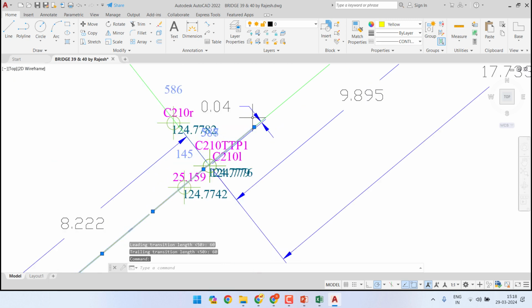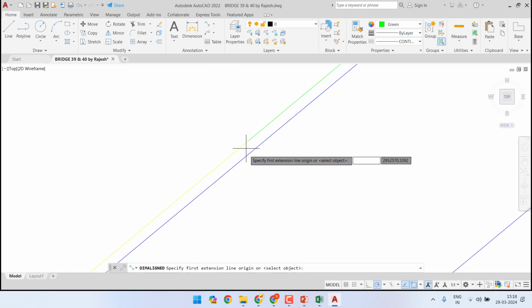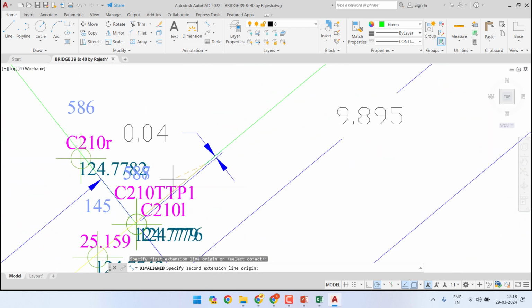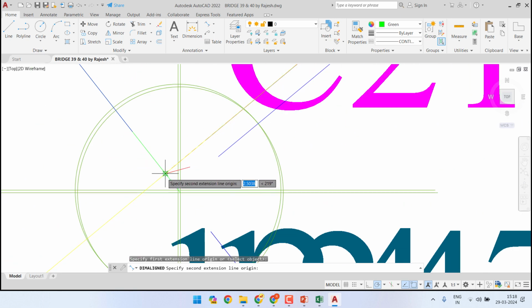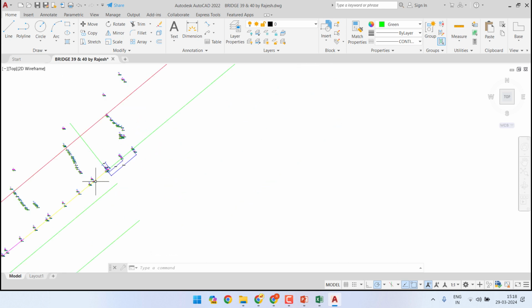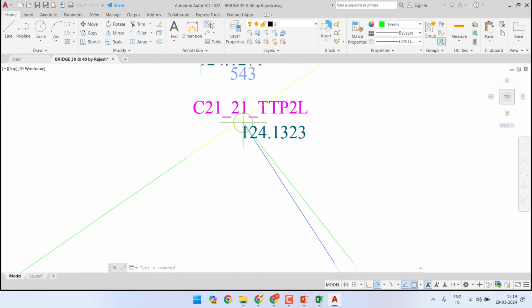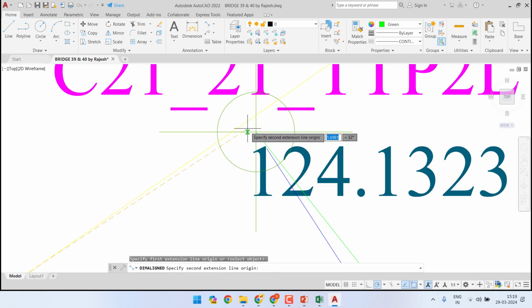So in this case our curve is starting a little earlier than TTP, like 3-4 meters, 1.78 meters. So we may accept this as the new solution, which is 1.78 meters this side. So it will have gone approximately 1.78 meters this side also.